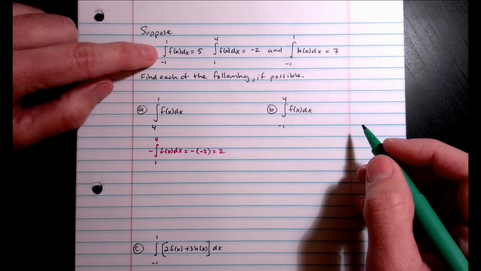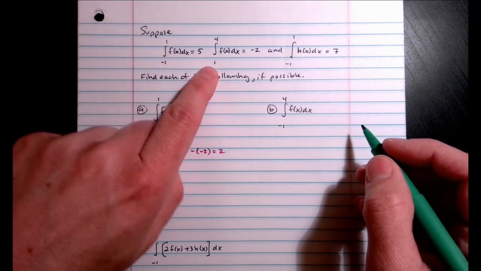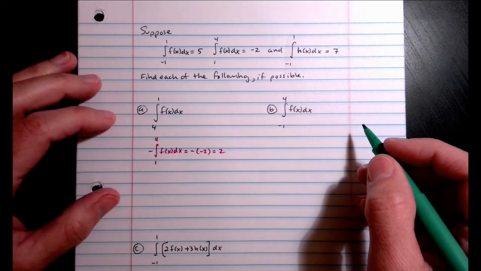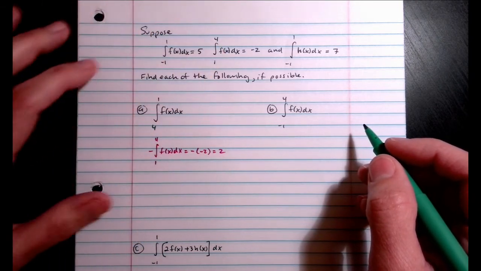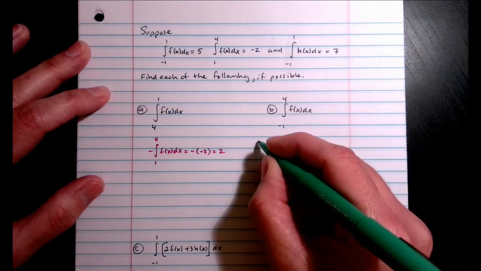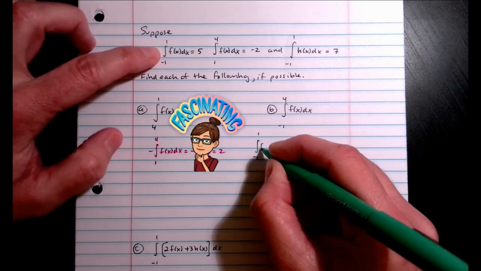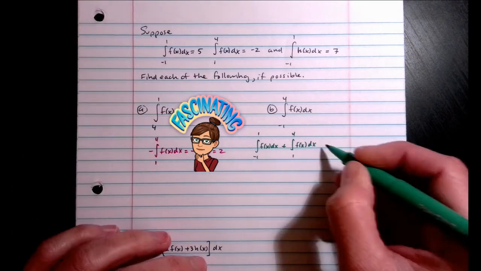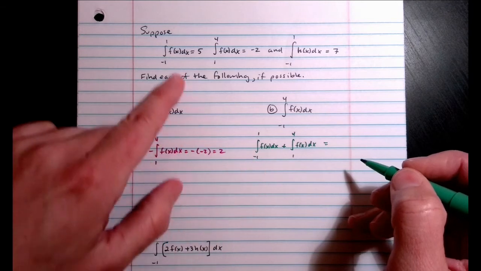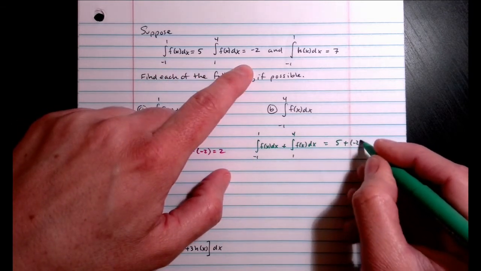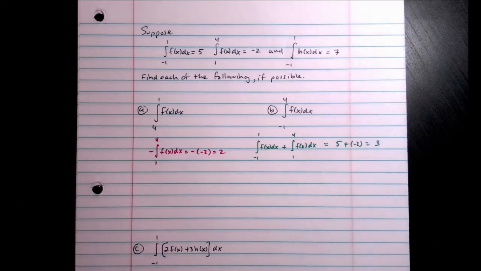Where this first integral ends at 1, it begins on this one at 1. So we could use that integral property that allows us to link those two together. So this integral is equal to, so the integral from negative 1 to 1 is 5. The integral from 1 to 4 is negative 2. And there's our answer.